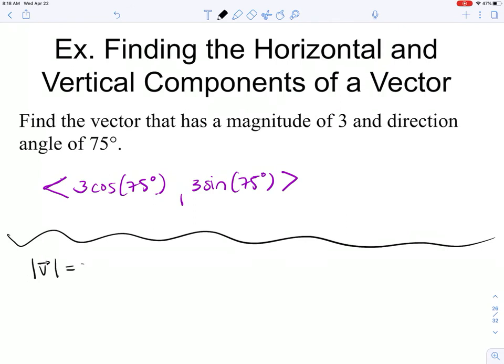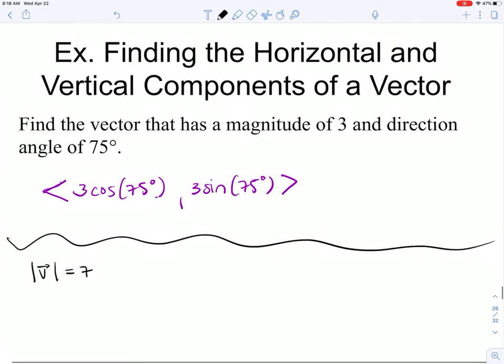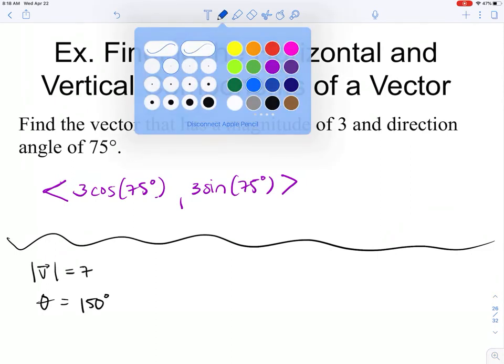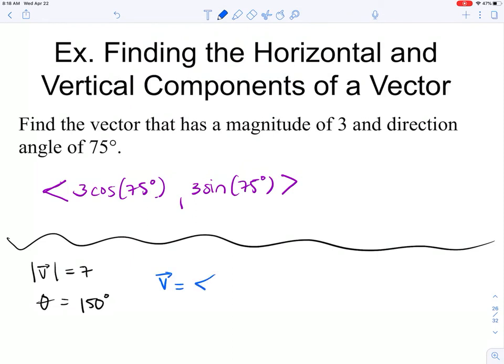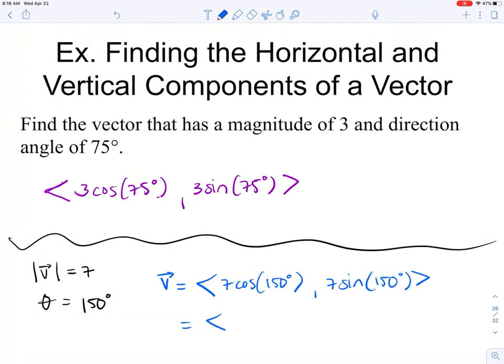If we had another example, like let's say that the vector has a magnitude equal to 7 and a direction angle equal to 150 degrees. Okay, then we could come up with the horizontal and vertical components of that vector. 7 cosine of 150 degrees, comma 7 sine of 150 degrees.